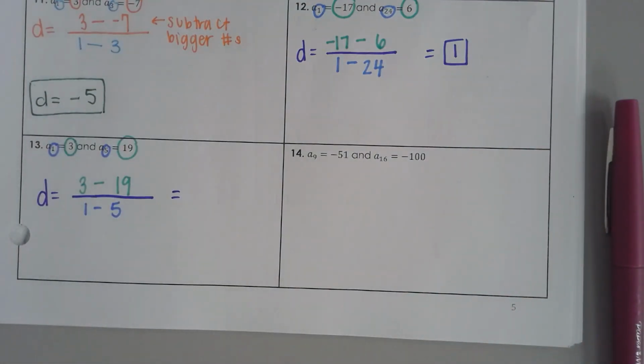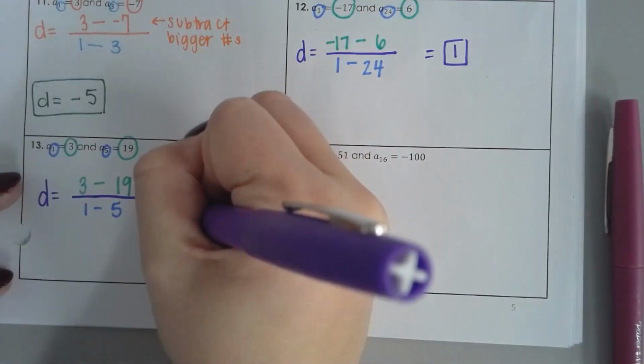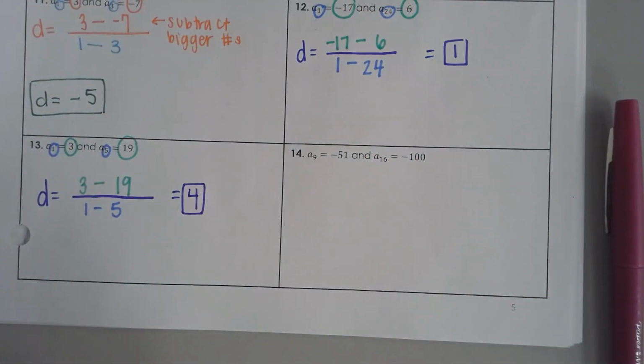Type in alpha y equals. Don't literally type 3 minus 19 divided by 1 minus 5, because your order of operations will mess that up. So as a fraction, type it in, you get 4. The common difference is 4.